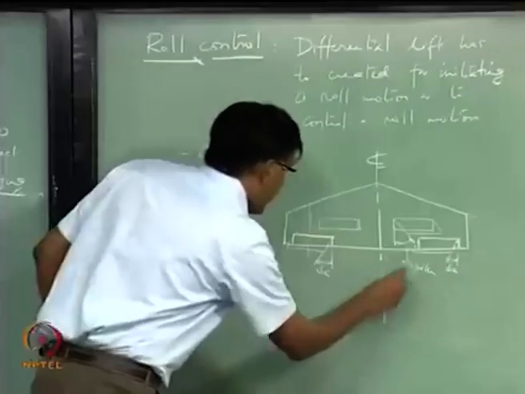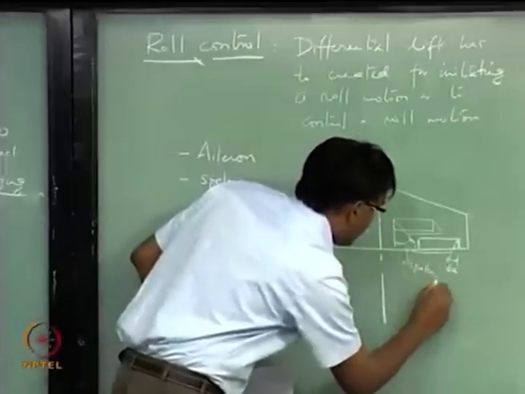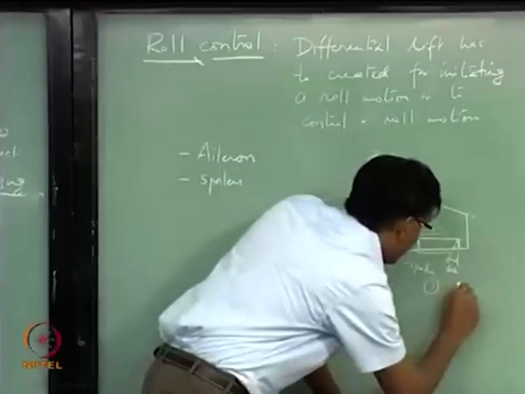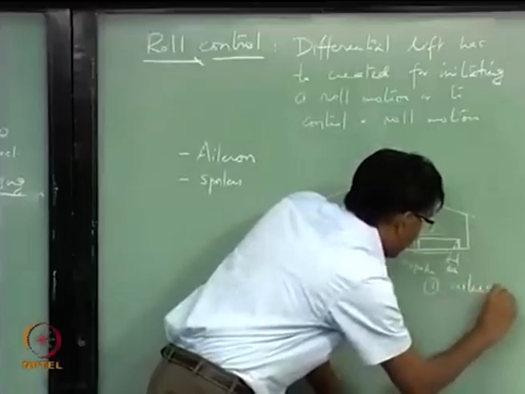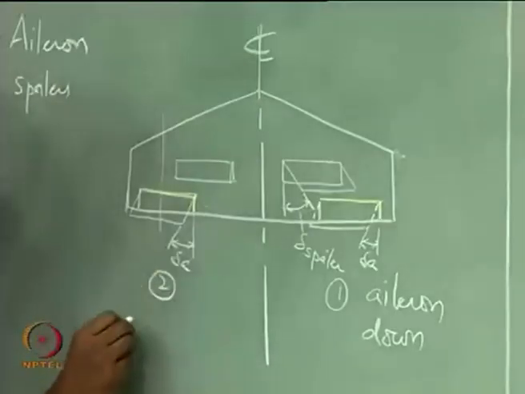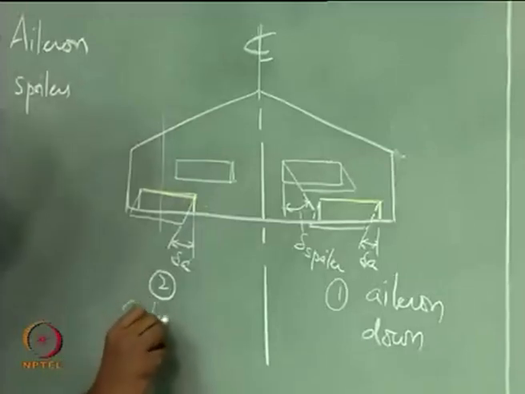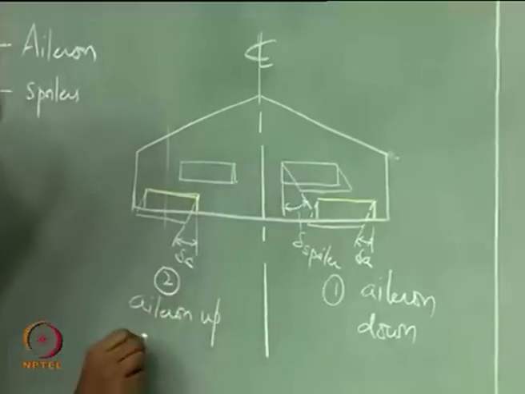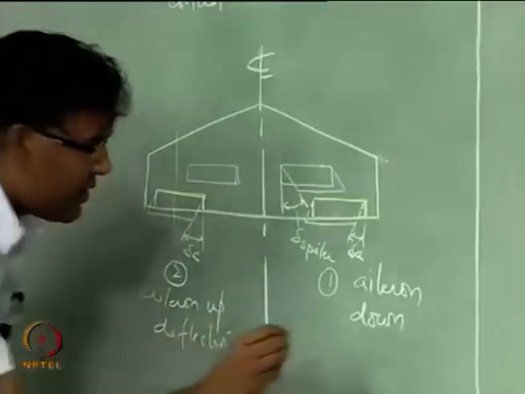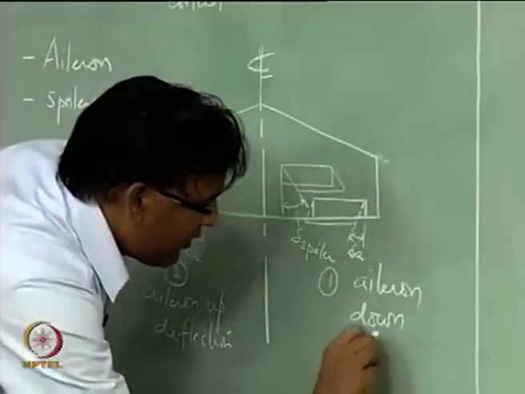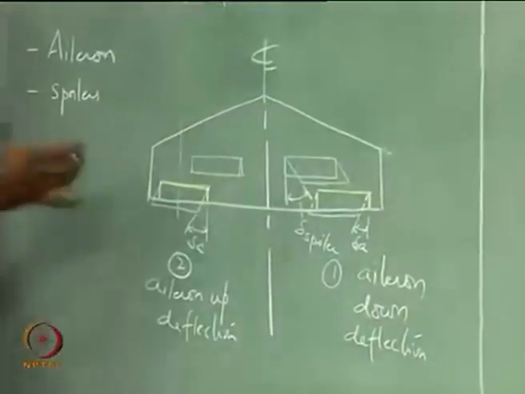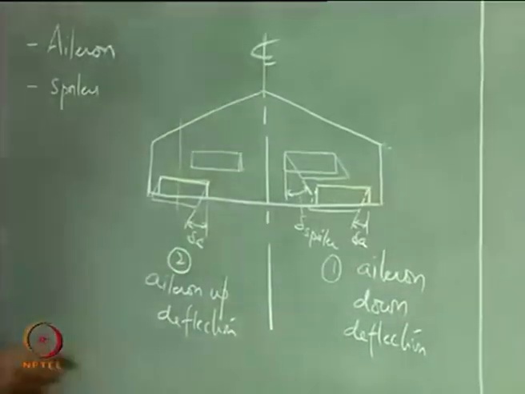So, in this particular arrangement, because of this we get a negative rolling moment.